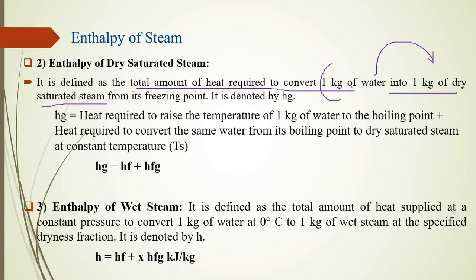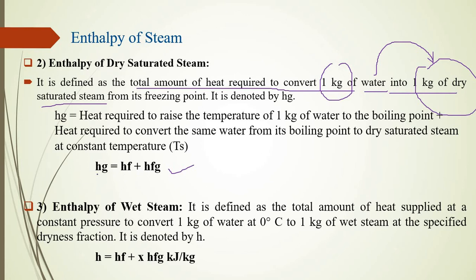Its mass is fixed: 1 kg of water converted into 1 kg of dry saturated steam, that's called dry saturated steam. The equation is denoted by Hg equals Hf plus Hfg.